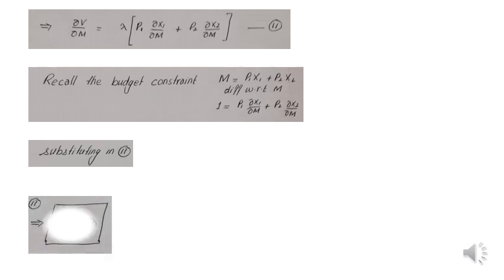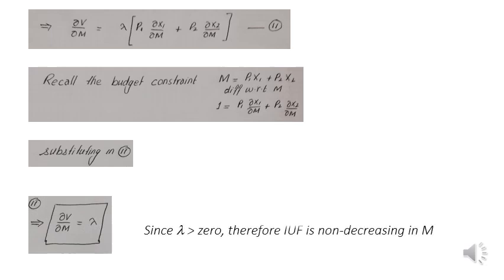So the term within the bracket in equation number 2 is in fact equal to 1. Therefore, substituting it in equation number 2, we get lambda times 1, which is lambda. Therefore, the derivative of utility with respect to m is equal to lambda. And regarding lambda, we know that it's positive. Therefore, the indirect utility function is non-decreasing in income.